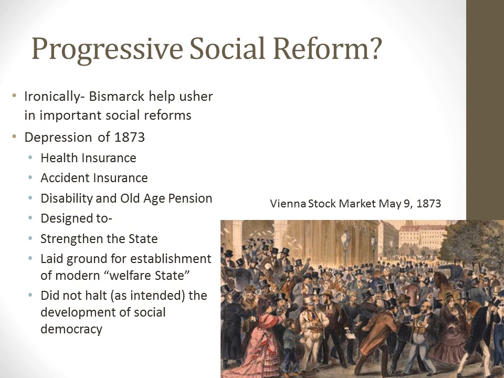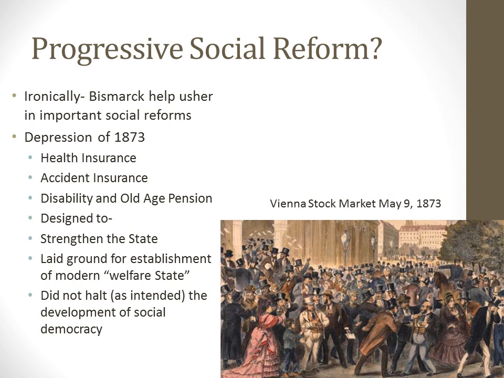In other areas, like when it came to regulating industrial capitalism, allowing for the development of workers' rights within the industrial capitalism and these types of things, it was really Great Britain that led the way. But nonetheless, Germany enacted some very progressive steps forward after a very bad depression that hit the world in 1873.